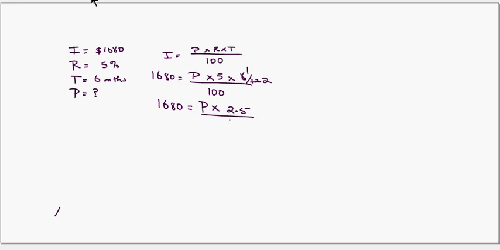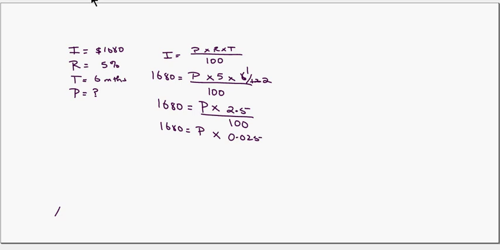And I have to divide that by 100. If you put that into your calculator, 2.5 divided by 100 will give you 0.025.